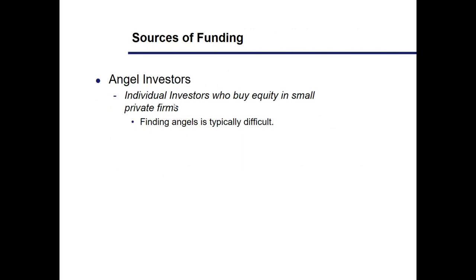Angels are individual investors who buy equity in small private firms. Finding angels is typically difficult in emerging markets, but in advanced economies like the US or Europe, it's not too complicated to find angels if you have a good project.